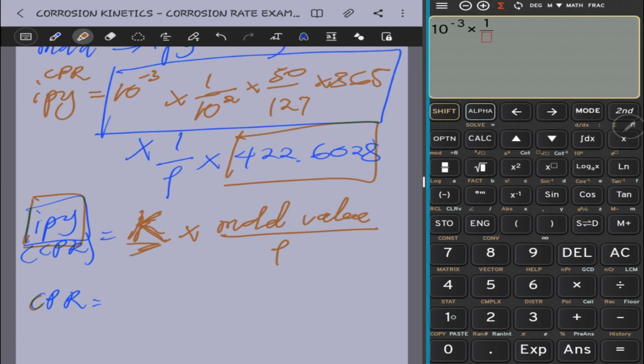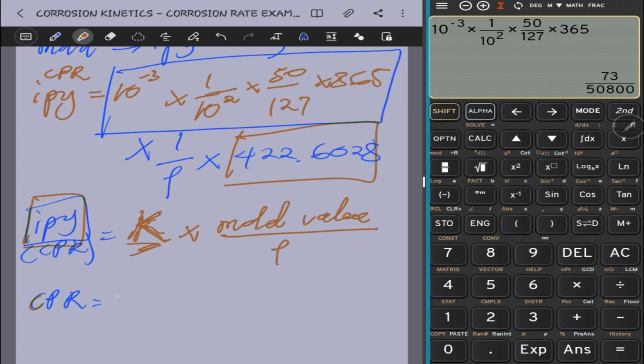This is just 2, and then we have 50 on 127, and then we have 365. So this is the conversion factor.